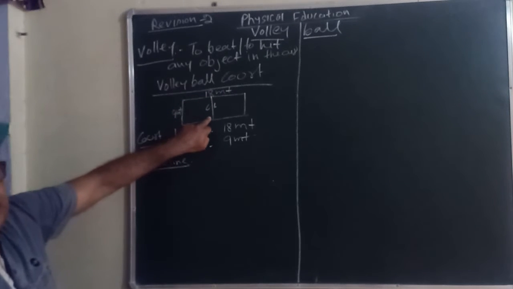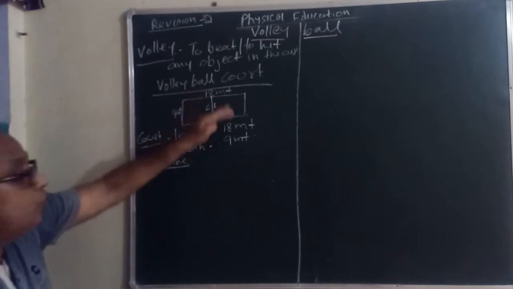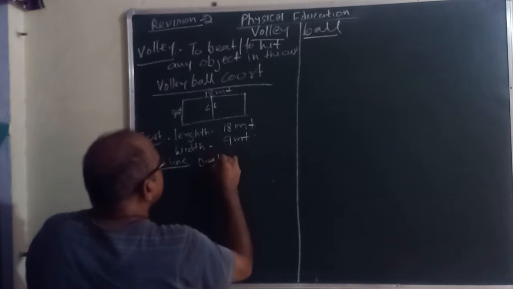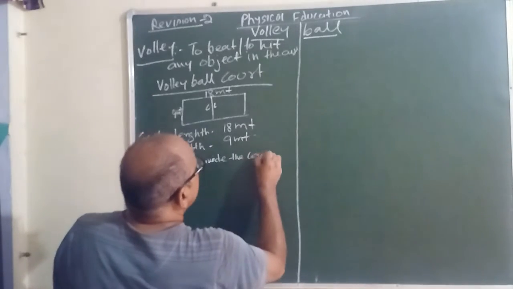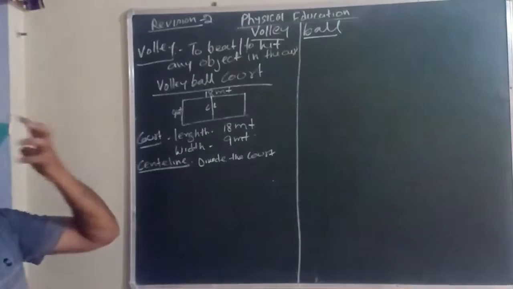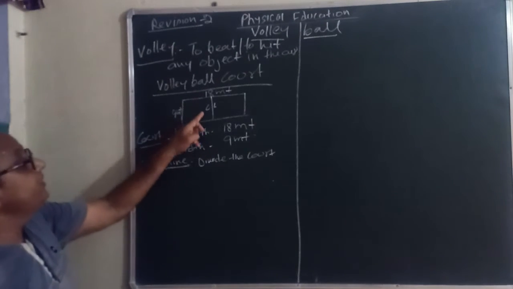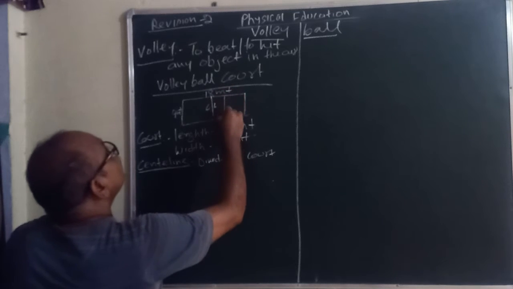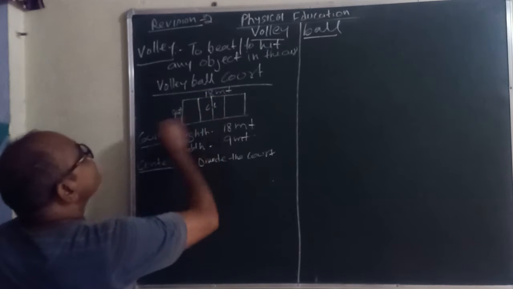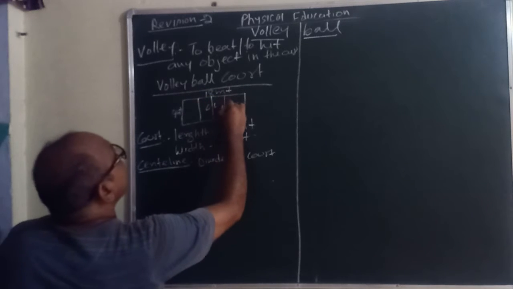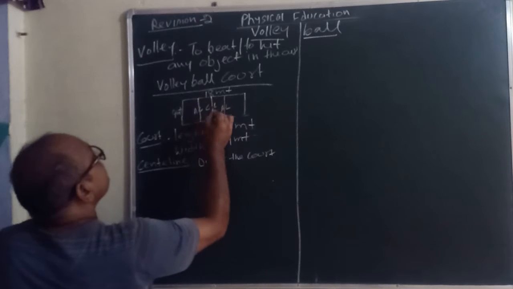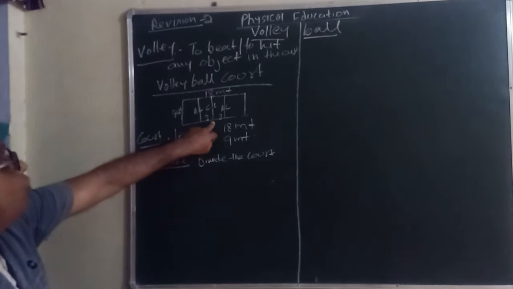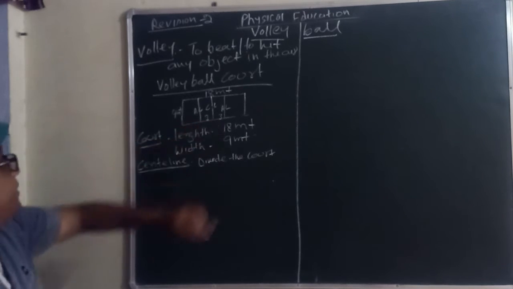For what is this line here? It is dividing the court into two parts, and it will be in the center. After that, you have to draw two more lines. These lines are called attack line, and its distance on both sides is 3 meter from the center line.